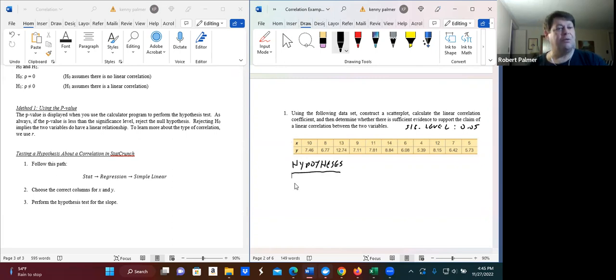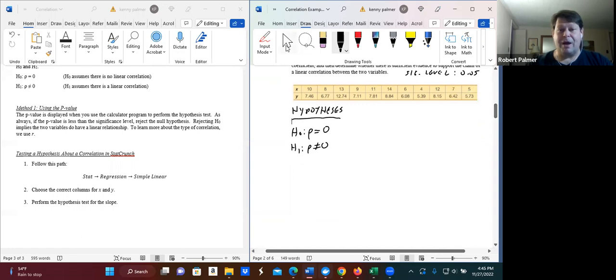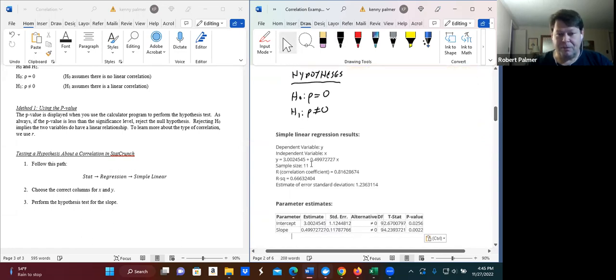And I realize also we want to do the scatter plot as well. So rho is equal to 0 and the alternate, H1, is that rho is not equal to 0. Let's go ahead and paste this. I realize we actually didn't do the scatter plot yet, or actually we did, but let's talk about that as well. So let's paste this in.